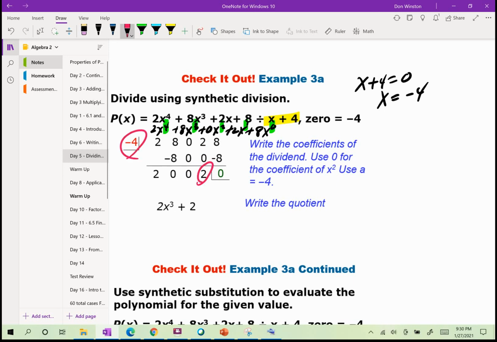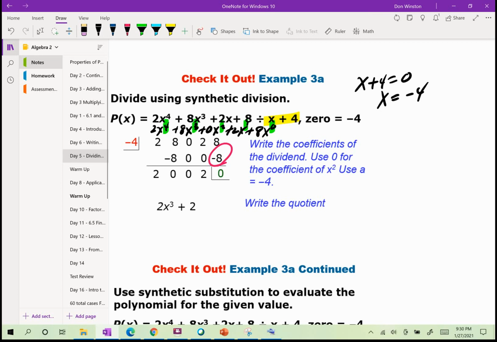Multiply again, negative 4 times 2 gives you negative 8, and then add, and you get 0. So we know with certainty that x plus 4 is a factor of 2x to the 4th plus 8x cubed plus 2x plus 8. My 0 of that polynomial would be negative 4. If I graphed it, you would see a 0 of negative 4, an x-intercept.